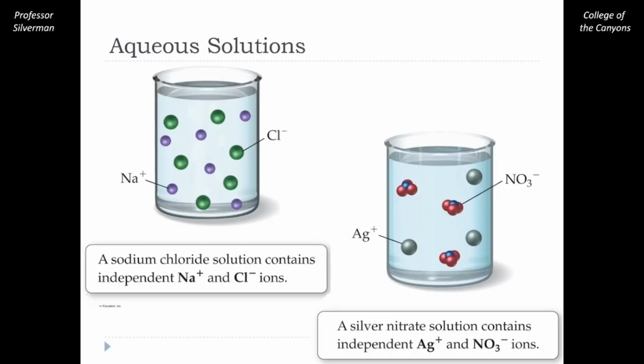Here's what this looks like. If you have sodium chloride in water, aqueous, our sodiums and our chlorides are totally separated from each other. All we have are those individual sodiums and those individual chlorides floating around doing their own thing. There is no more sodium chloride together.